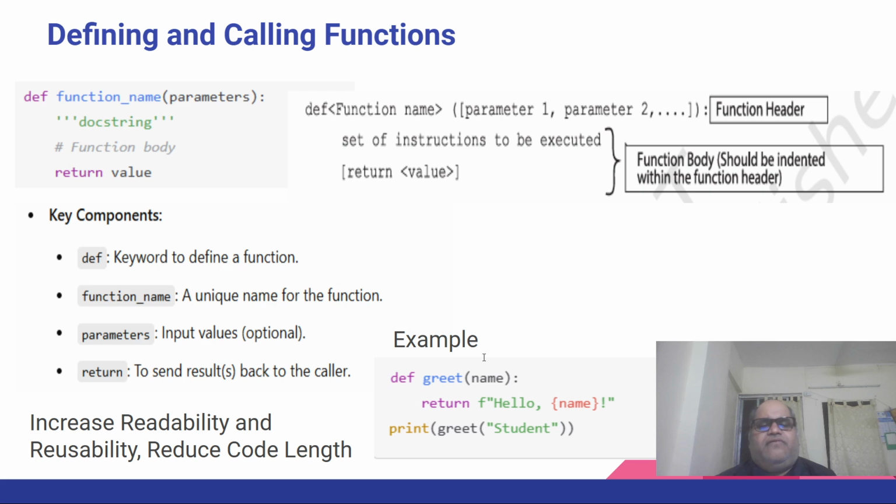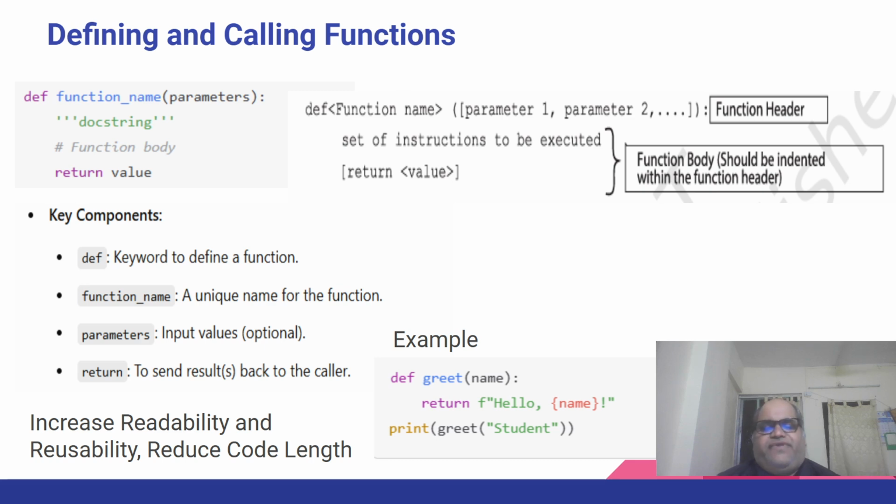So you might see a small example of greet, right? So def, define, greet, that is the function name, name is the parameter, and then you end that with a colon, and then your body is with a tab or whatever indentation you have set in your editor. So here you are simply returning hello concatenated with the name that you passed.